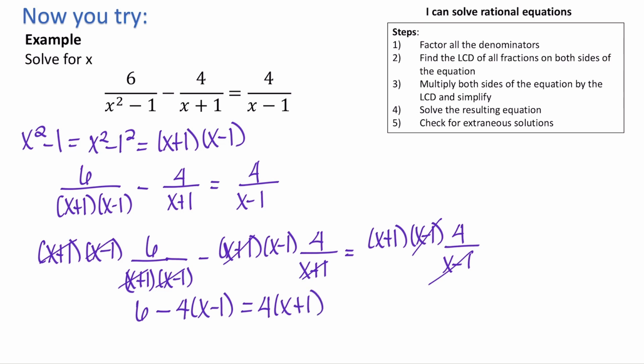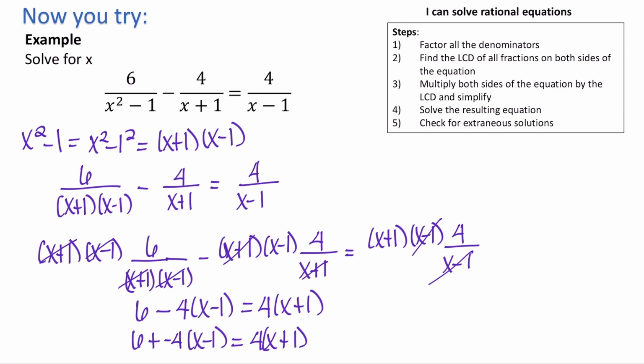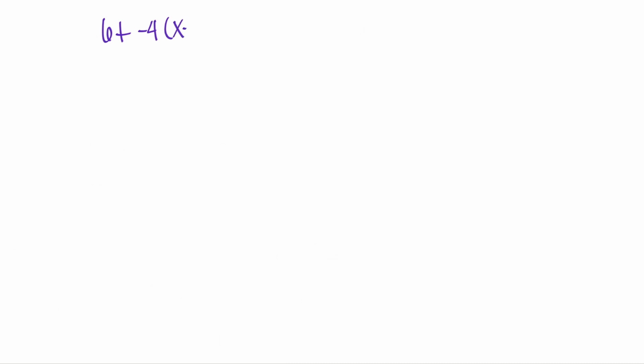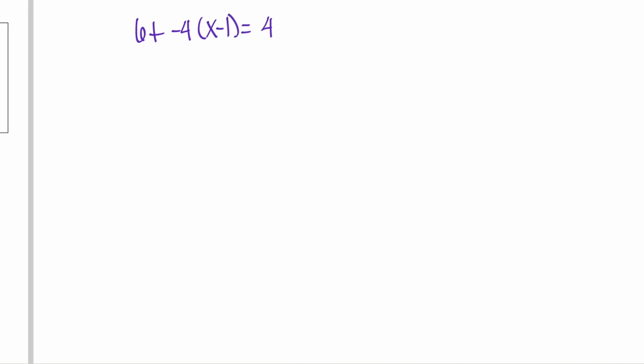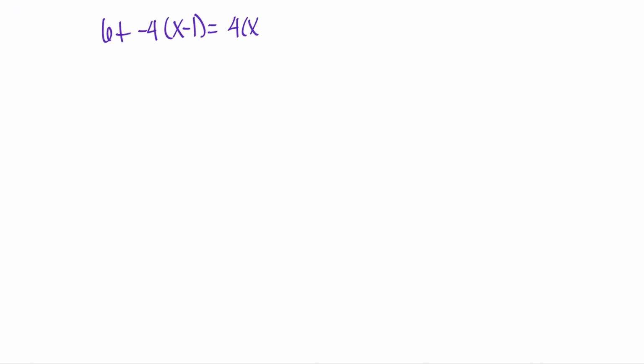So now let's go ahead and distribute. So we have 6. I'm just going to distribute that as though it's a negative 4. So I'm going to turn this into 6 plus negative 4 times x minus 1 equals 4 times x plus 1.